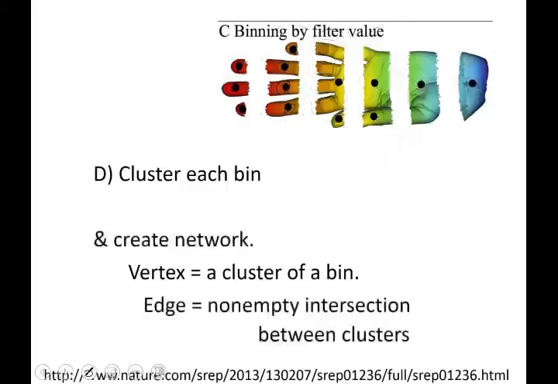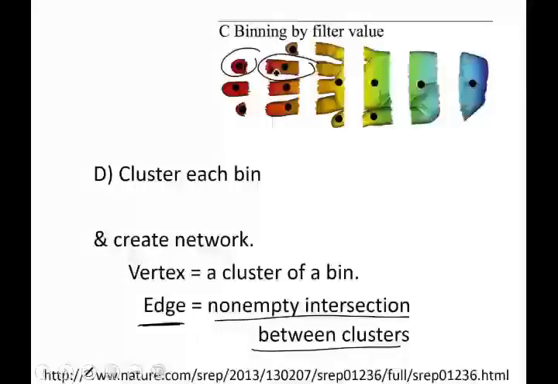We can then create a network or a graph by creating edges between any two clusters that intersect. If I take a look at this cluster right here and this cluster right here, remember they overlap. There were some points over here that were also over here.